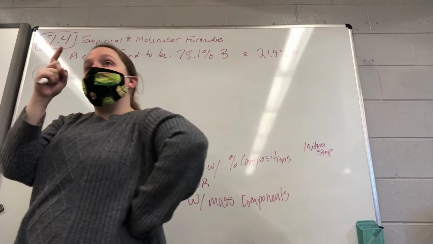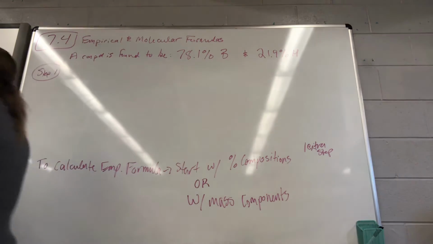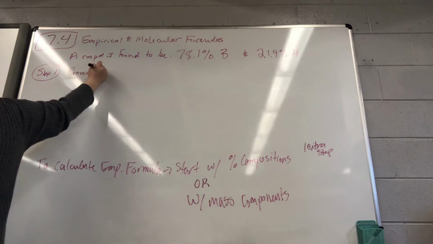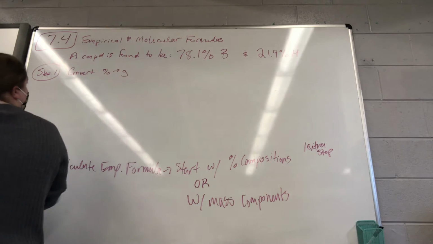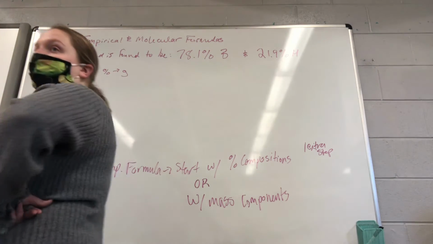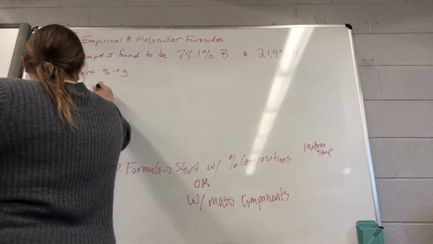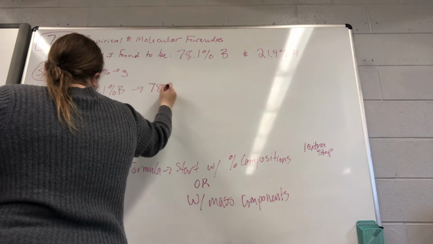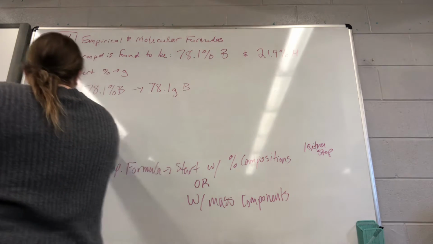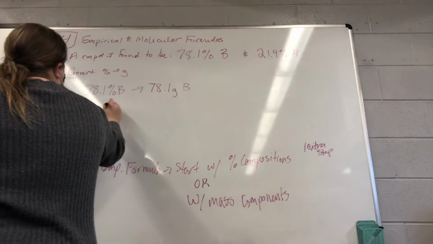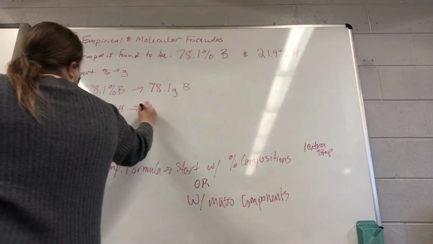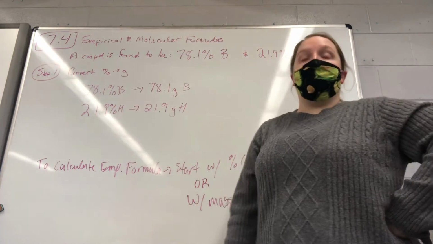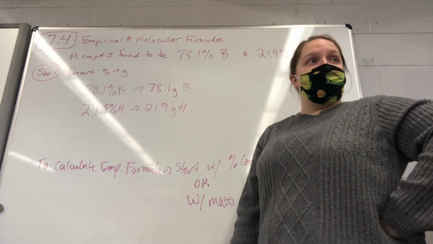The first step whenever we're trying to figure out what an empirical formula is, is to convert percents to grams. We're just going to change the variable. So 78.1% B becomes 78.1 grams of B. Same for the hydrogen. Well, that's step one. Take your percentages, change the percent sign to a gram.